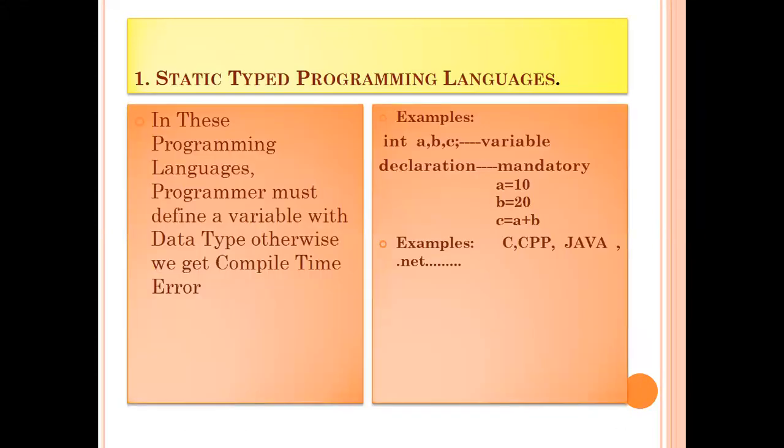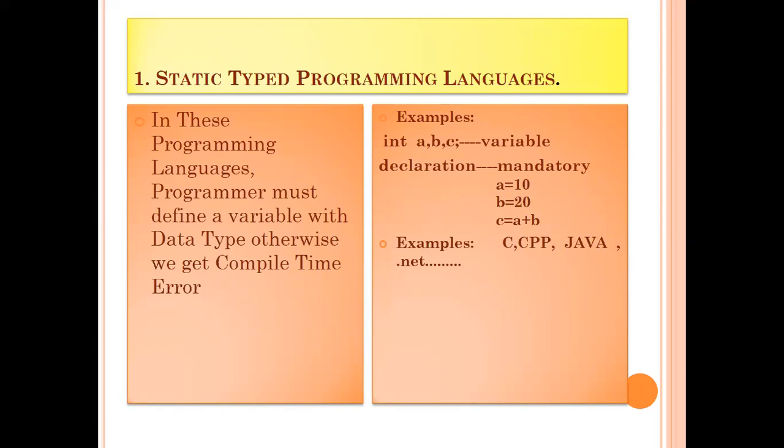Let me discuss the static type first. Here, the programmer must define a variable with the data type, like int a, b, c. That declaration is a must, like a is equal to 10, b is equal to 20, c is equal to a plus b.